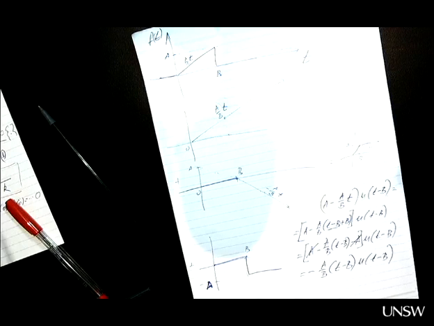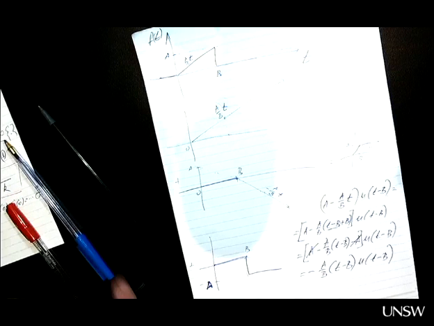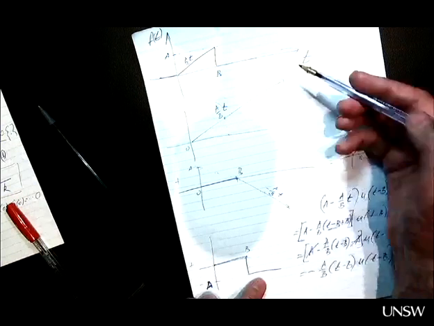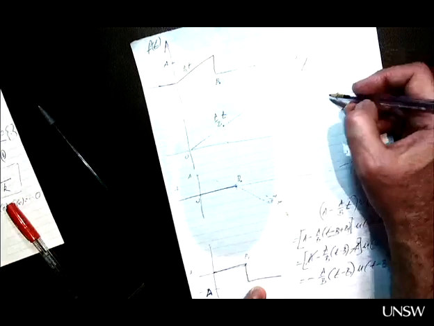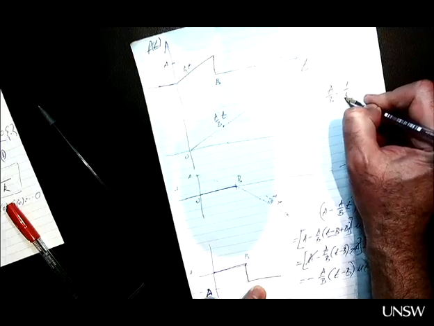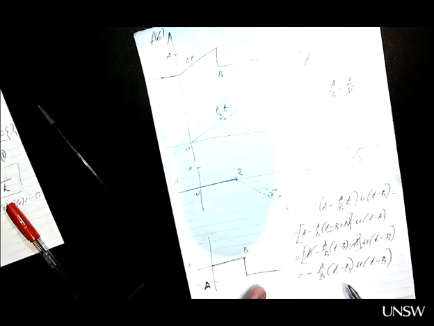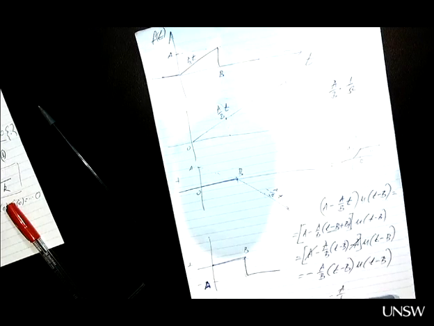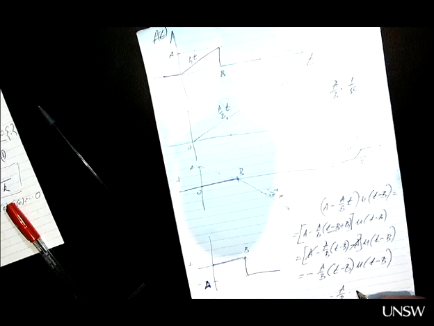If the Laplace transform of this function here was a over b times 1 over s squared, because we have a ramp, here the Laplace transform will be minus a over b times 1 over s squared, because it is a ramp function, but the ramp function shifted by b, and therefore I have e to the minus bs here.